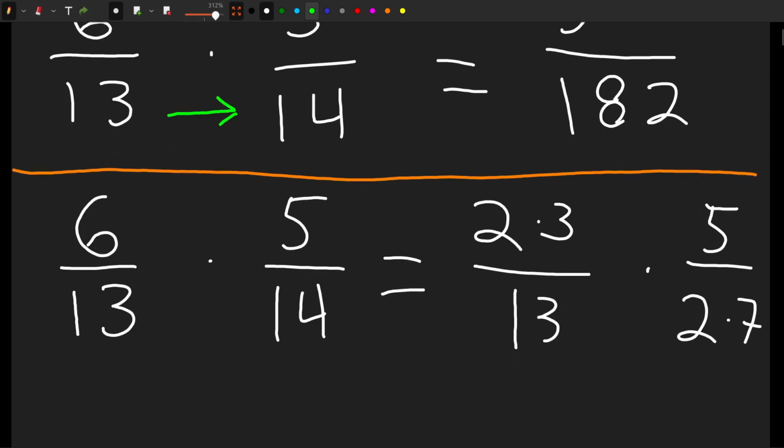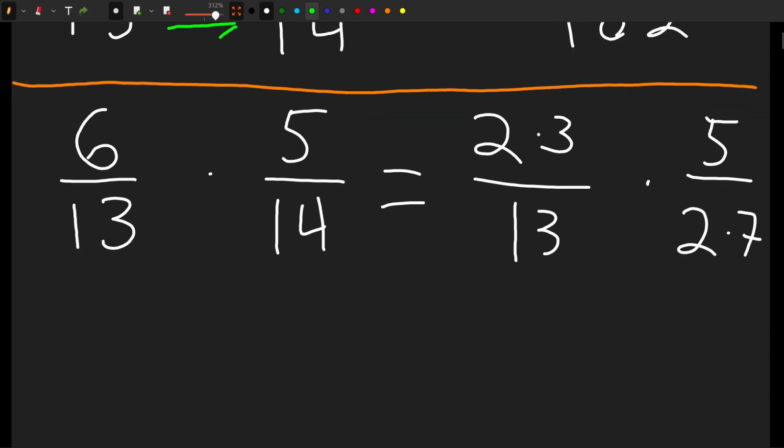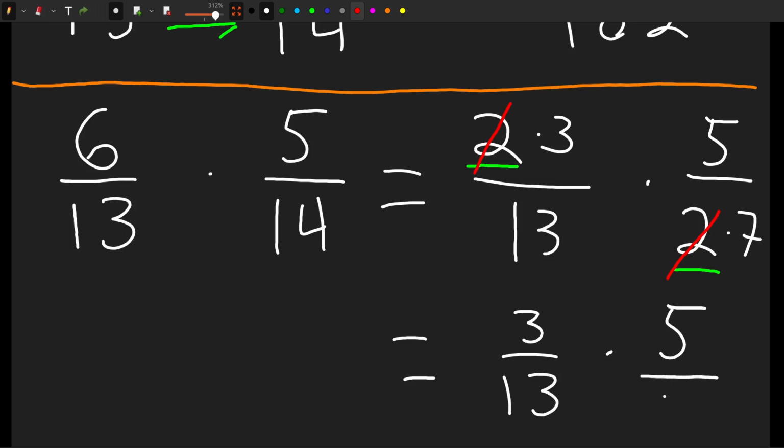And so now, I note that in my numerator, I have a 2, and in the denominator of my second fraction, I also have a 2. Since one is in the top and one is in the bottom, I can cancel them out. And so then that means my multiplication becomes 3 over 13 times 5 over 7.